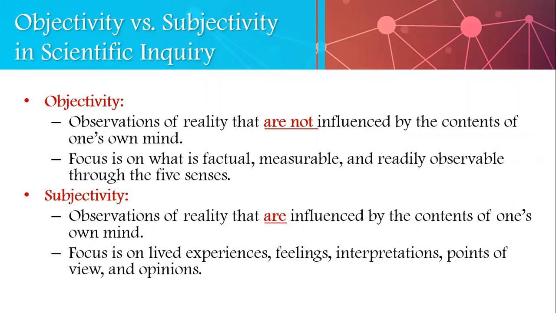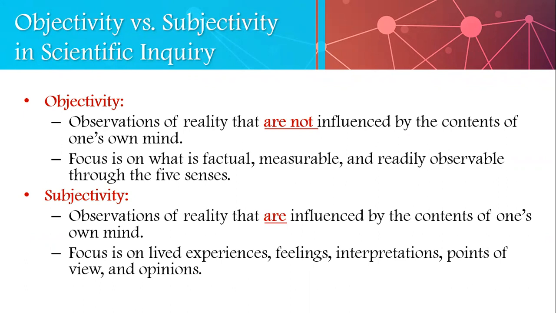In terms of definitions, objectivity is really about observations of reality that are ideally not influenced by the content of one's own mind. I really emphasize this word ideally because we know that at the end of the day, research really is a human endeavor.